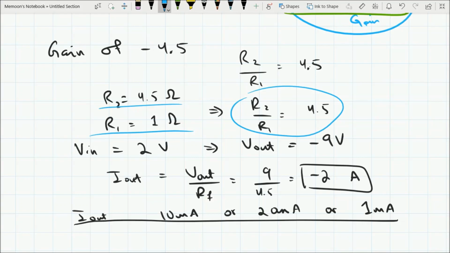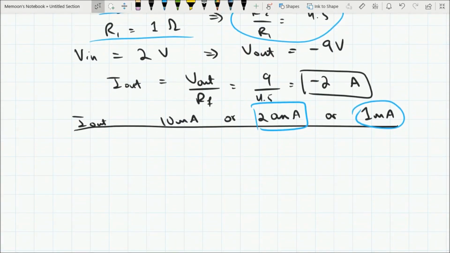So what would happen? The op amp would try its best to supply as much current as it can, but it could only supply, let's say, 20 milliamperes. So it would saturate at 20 milliamperes, and then how much voltage would you be getting?